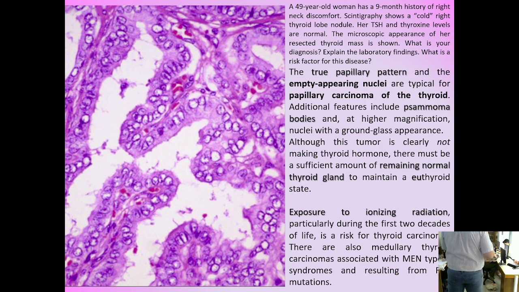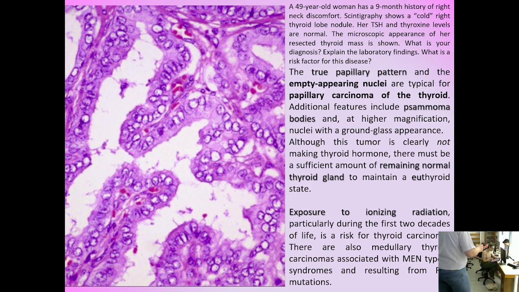True, yes, it has true papillae. And here are the fibrovascular cores, true papillae. When we have true papillae, we diagnose the classic type of papillary thyroid carcinoma, because that's what the term says, papillary carcinoma. But when we do not have papillae, there are some subtypes of papillary carcinoma, but without papillae.